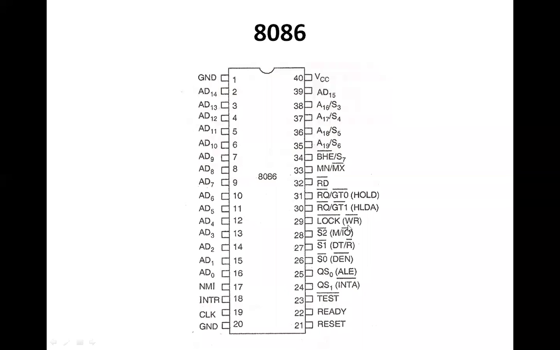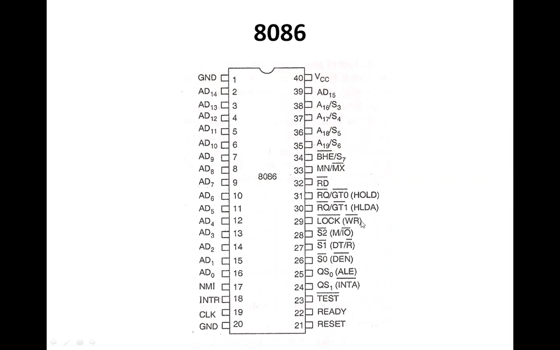Write signal, WR. The WR line is a strobe that indicates that 8086 is going to output some data to the memory or to the input output device. So at the time when the write signal is at logic 0, the data bus contains valid data either for the memory or for the input output device.